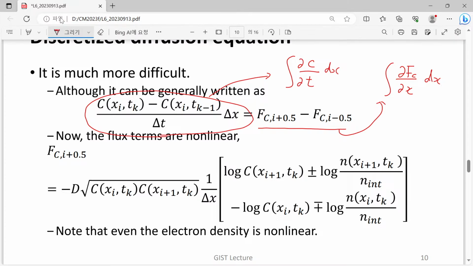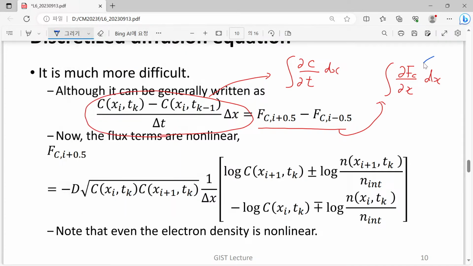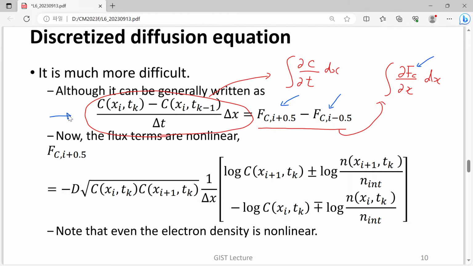So this is quite general. Even when we have a better or worse flux term, good or bad flux terms here, that doesn't alter this form. This form is quite general, and when we update or improve these F_C terms, then the specific form of these fluxes will change.